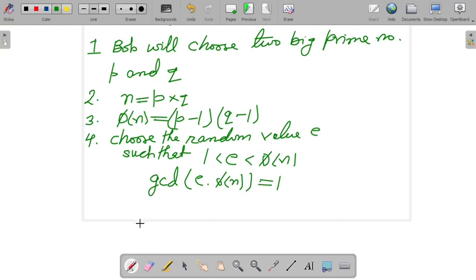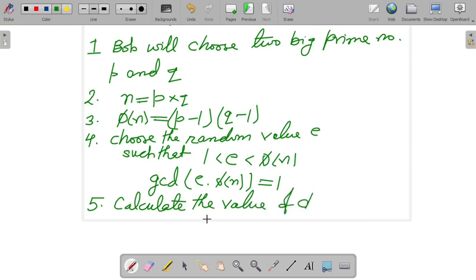So you can choose any random value that satisfies this condition. Fifth step is to calculate the value of D. How to calculate the value of D?